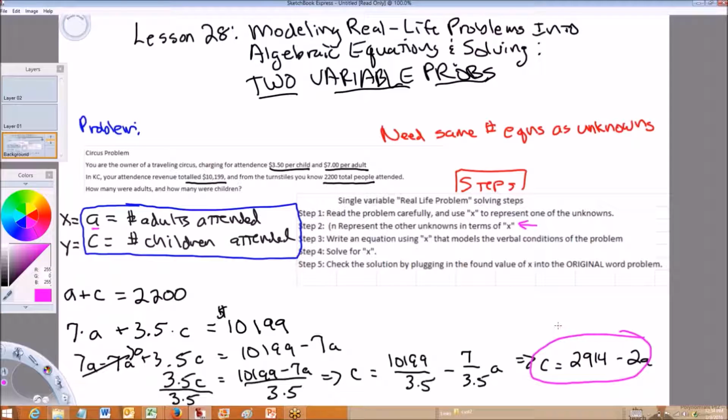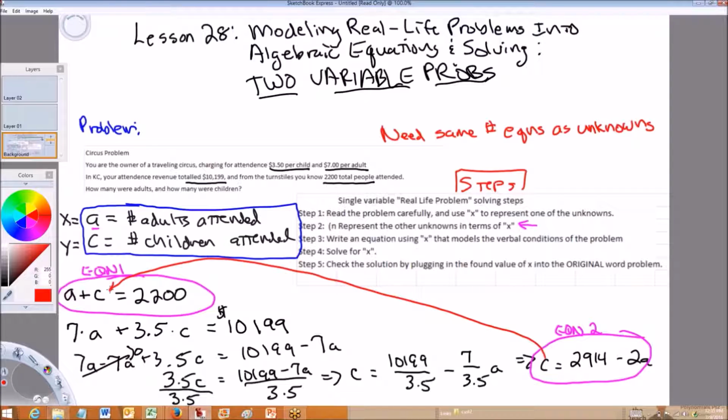So there is our second equation. And our first equation here. And in this method of solving the problem, we're going to use the substitution method. So we're going to substitute this C into this equation here. I'm going to clean the slate and rewrite this.